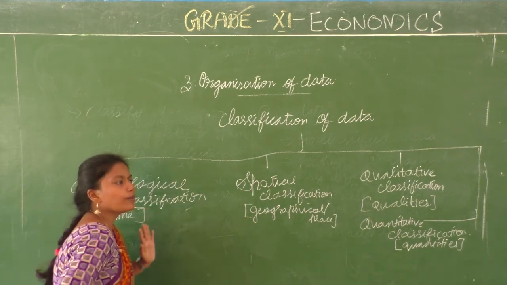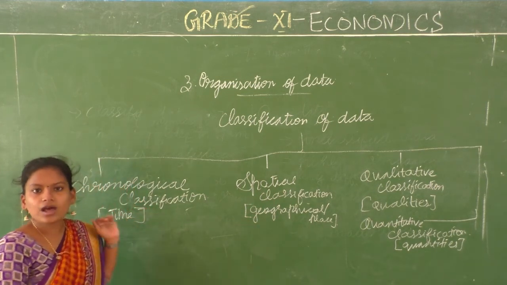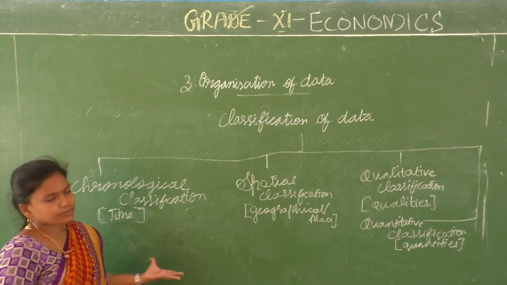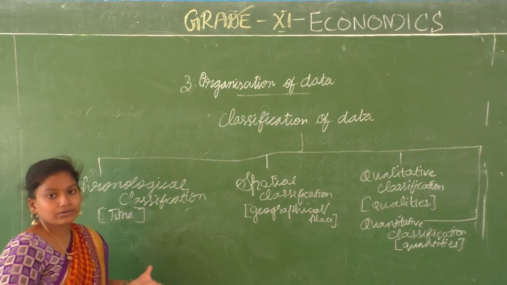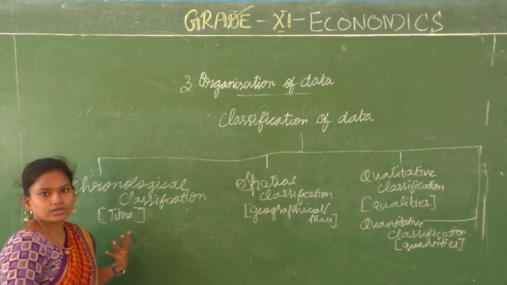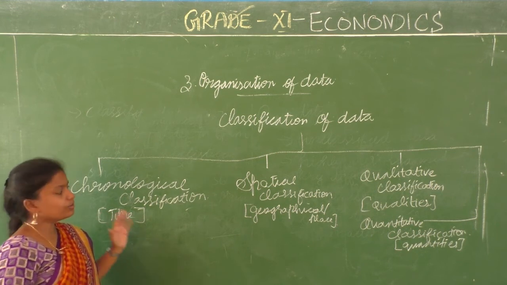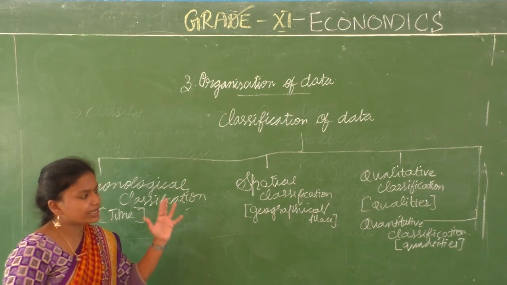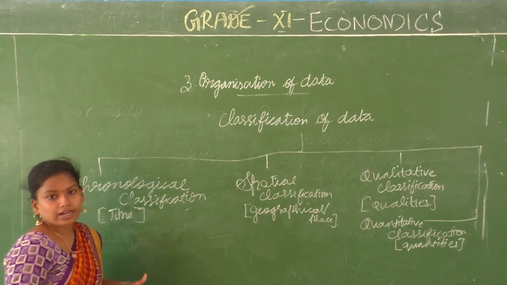Because when you talk about the classification of educated and uneducated people, you cannot put it in chronological or spatial. So you take it to the next kind, which is called qualitative. Same way, when you talk about the heights of the students in a particular classroom, you cannot put it in chronological or spatial. So you take it to the next kind, quantitative classification.